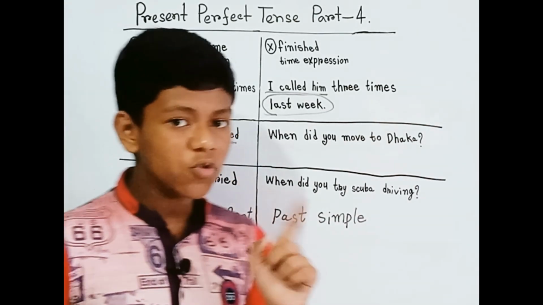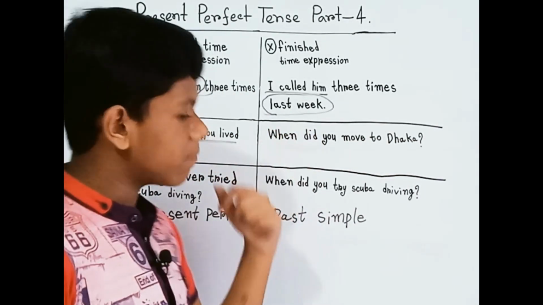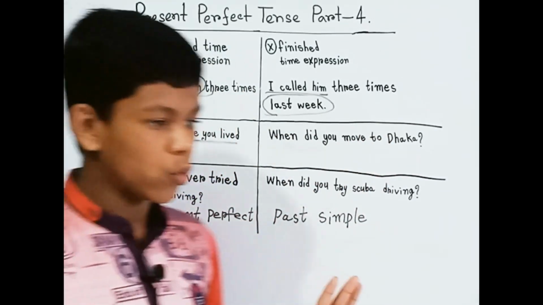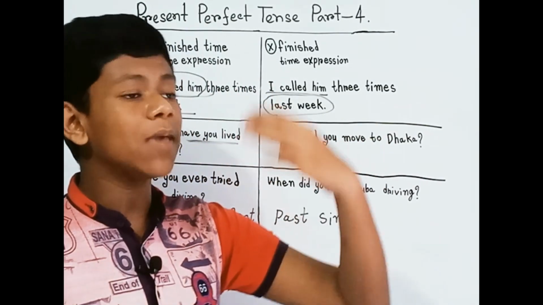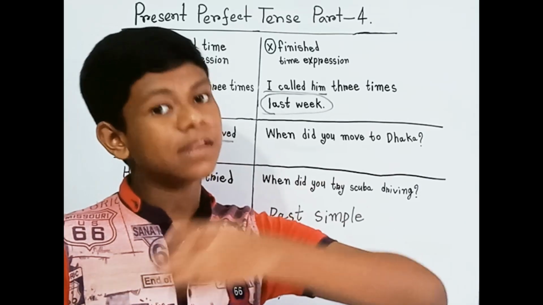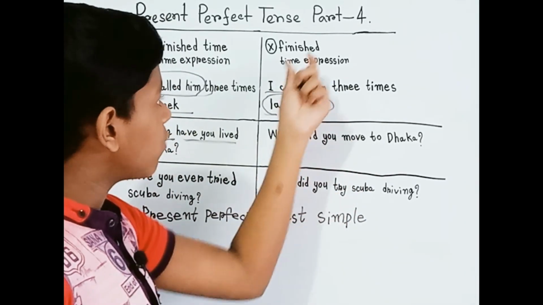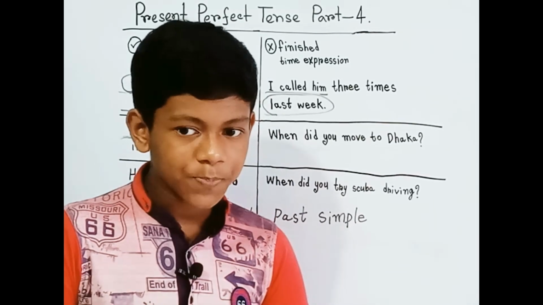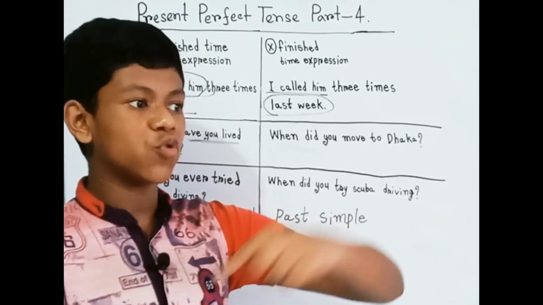But we can also ask, when did you move to Dhaka? Because when did I move to Dhaka indicates the past, so with the finished time expression we have to use the past simple, because you moved to Dhaka.